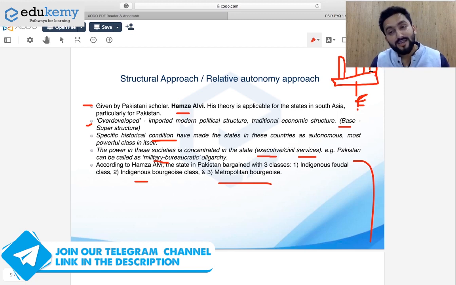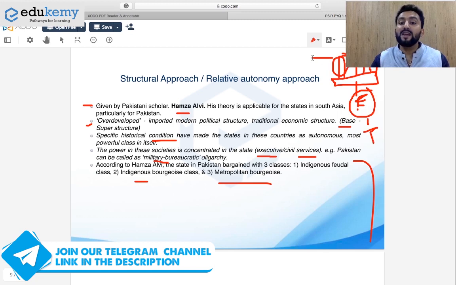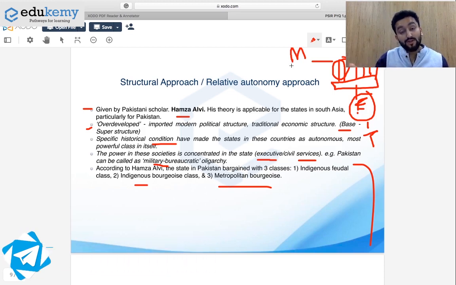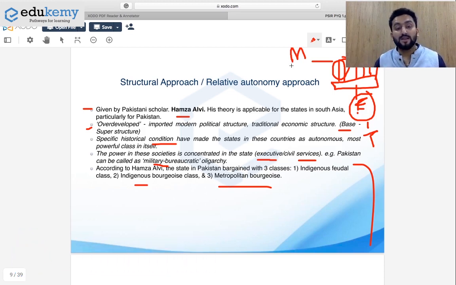Now the point is, according to Hamza Alavi, what happened in the post-colonial state, the economy remained traditional. And when it comes to political institutions, they became modern because they were imported from colonial states, those states who turned us into a colony.